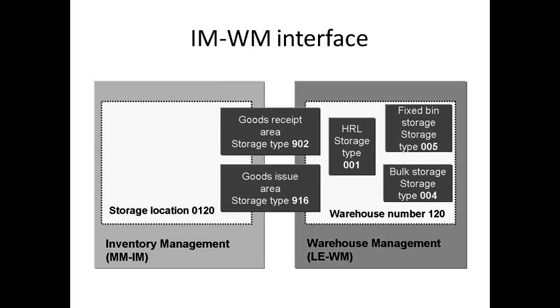Later when we do the transfer orders and confirm the transfer order, the particular stock gets updated in warehouse number 120, and it gets wiped off this goods receipt area.